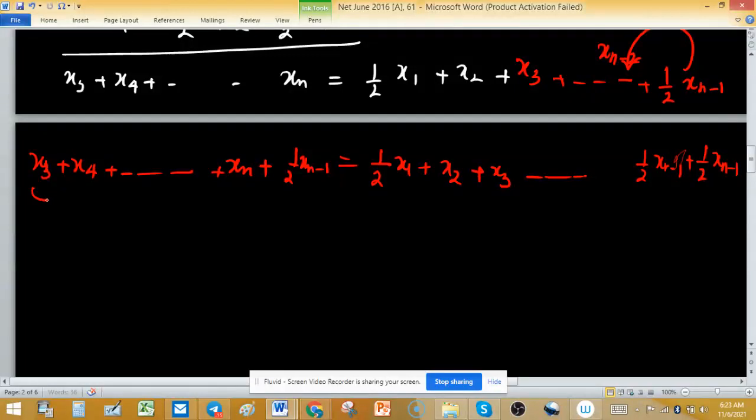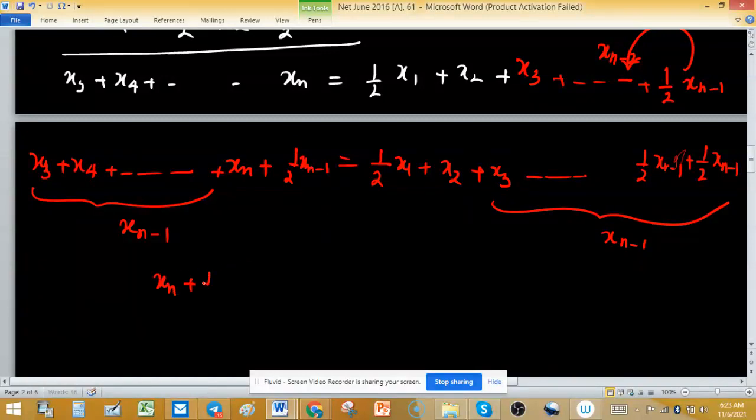So you can easily observe x3 to xn minus 1 terms will cancel out, and remaining term will be xn plus half of xn minus 1, and in the right hand side half of x1 plus x2.